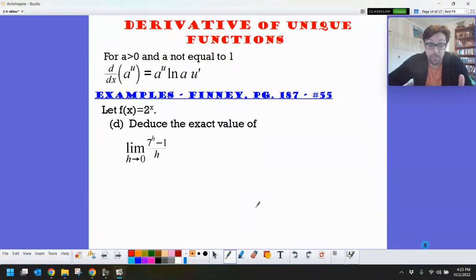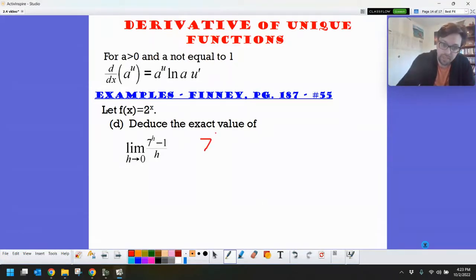Taking this idea a step further, we can see this one and say, hey, that looks a lot like what we just got. It's got a 7 to the something minus a 1. That could have been 7 to the h minus 7 to the 0 over that h. So this must be, basically, equals the limit, forgot the limit.